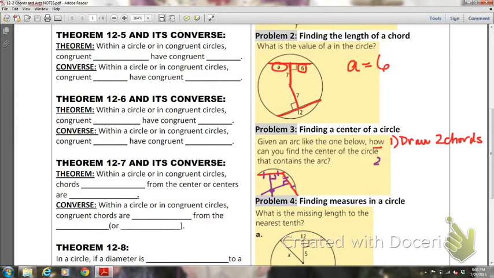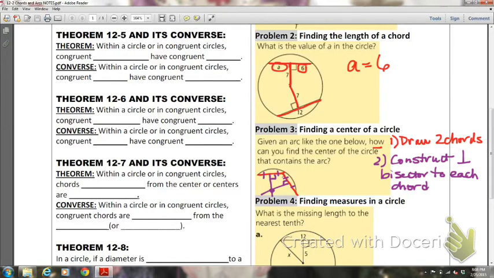So the second step was to construct a perpendicular bisector to each chord. And that's, like I said, using that last theorem, where they intersect is going to be the center. So that answers the question, how can you find the center of a circle that contains that arc?